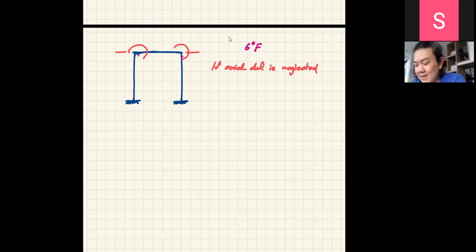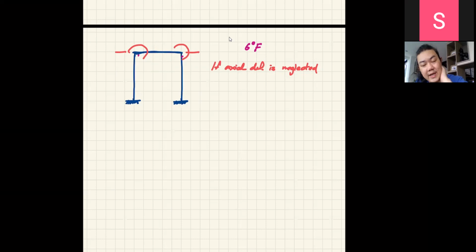So I can assume these 2 displacements to be the same, because if the displacements on the left and on the right are equal, this member would stay the same length.